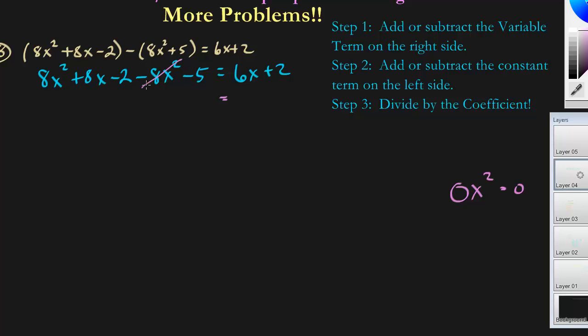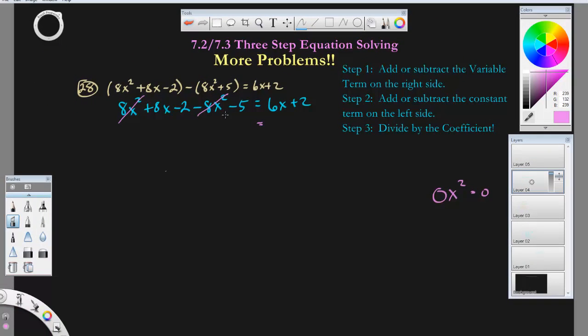So basically these terms cancel themselves out. What's left then is 8x minus 2 minus 5. Negative 2 minus 5, the little flashcard problem there, is just 8x minus 7 equals 6x plus 2. This, my friends, is a 3-step problem right here.